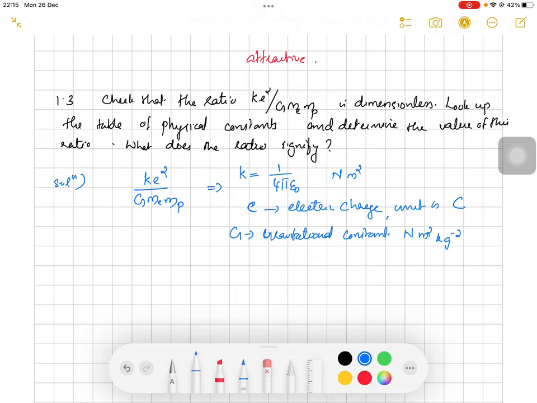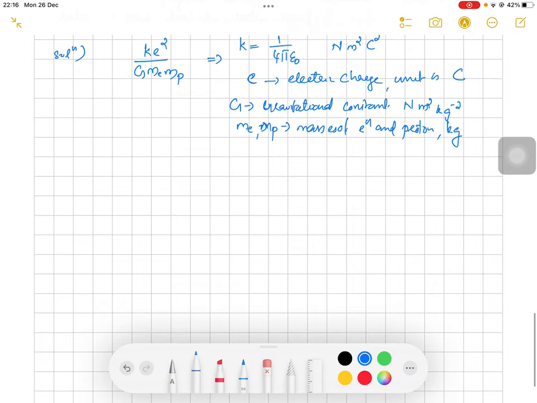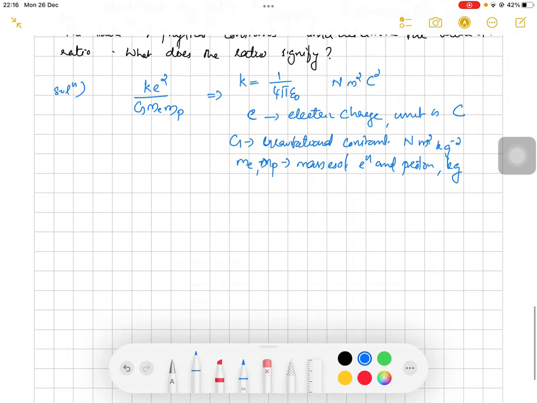That is the correct unit of K. Here me and mp are the mass of electron and mass of proton, whose unit is kilogram. So these are the units of these physical quantities.